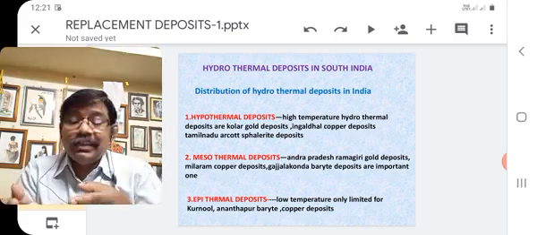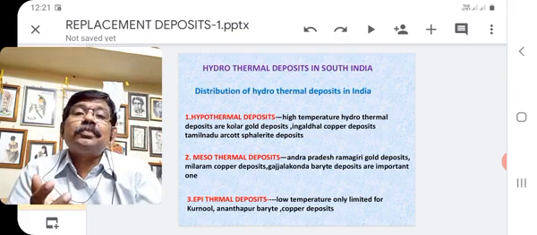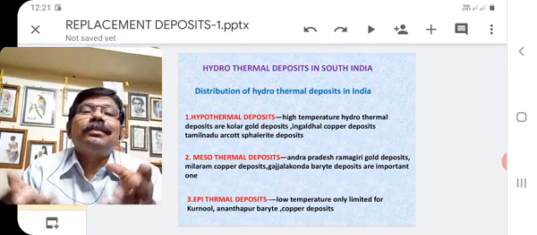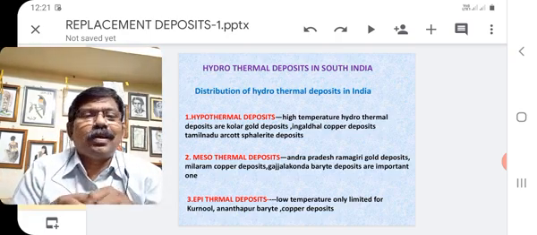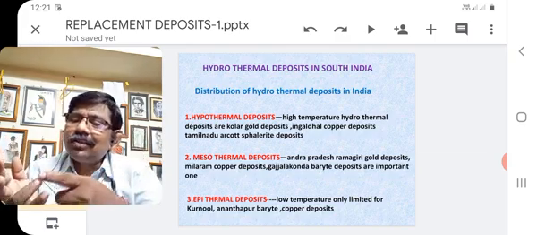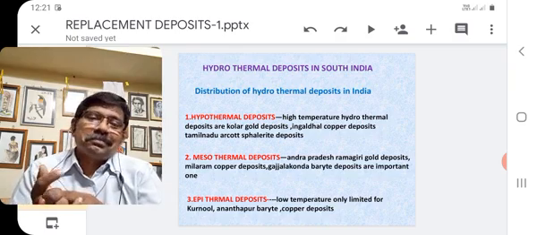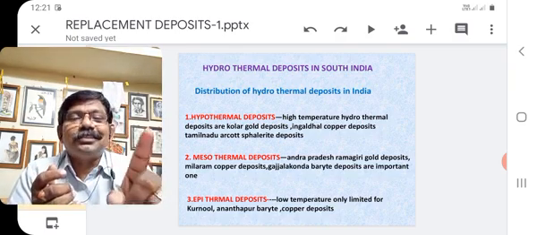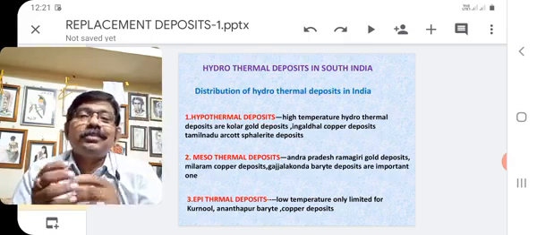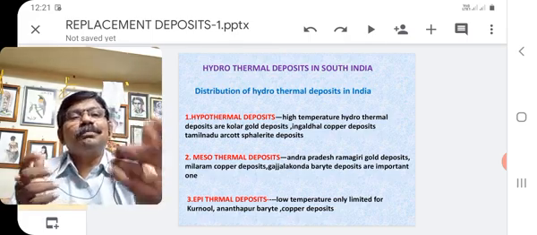Totally the Ingaldal copper is also formed, and sphalerite. What is sphalerite? It is the ore of zinc, which is also available in Tamil Nadu, Arcot district, right? That is the sphalerite deposit. This sphalerite, Ingaldal copper, Kolar Hatti gold, these all belong to the high temperature replacement deposits. So my intention is to bring you to this matter: hypothermal and half of the mesothermal deposits belong to the replacement deposits.